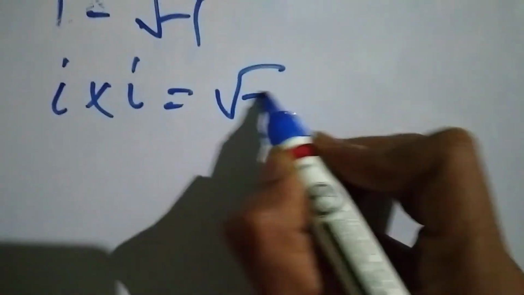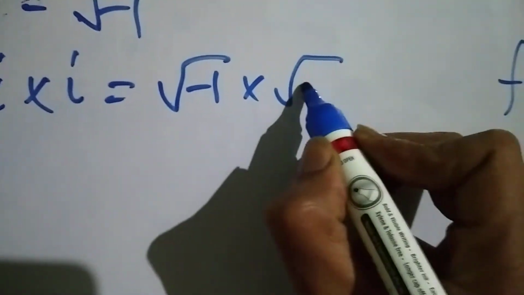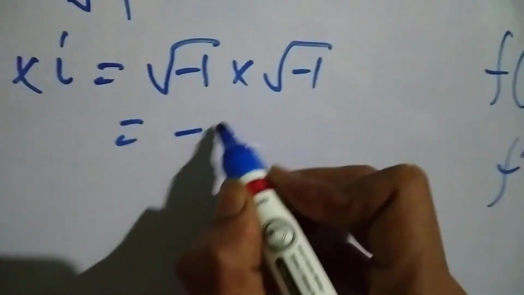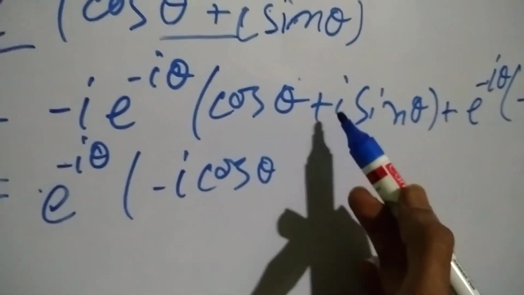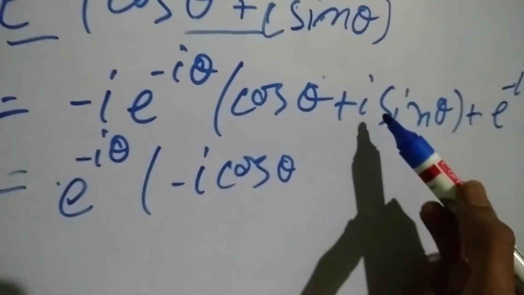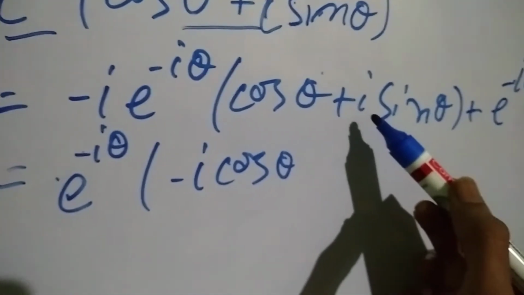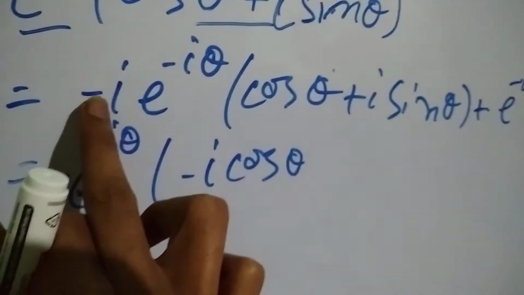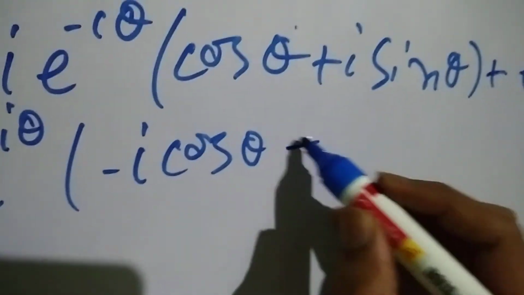If we multiply two imaginary numbers i, we get minus 1. As you can see, we have two i's, so multiplying them gives minus 1, and as we have minus 1 here, this is going to be plus sine theta.